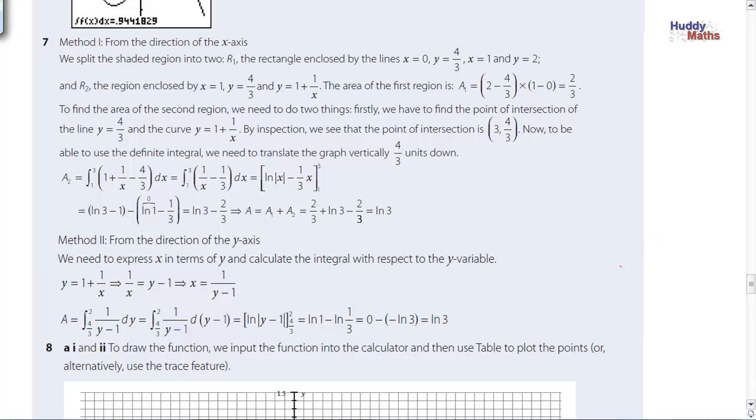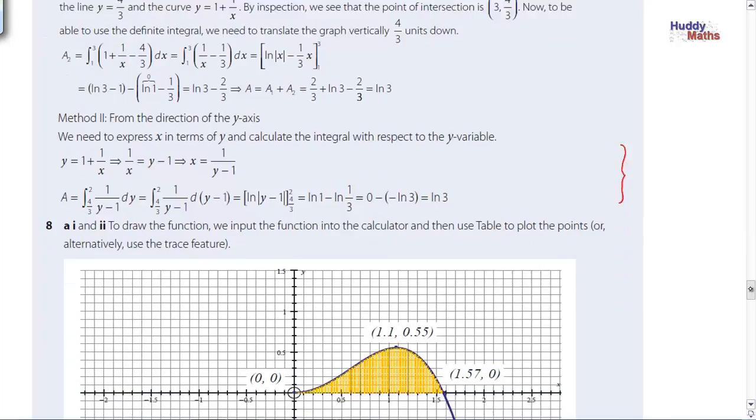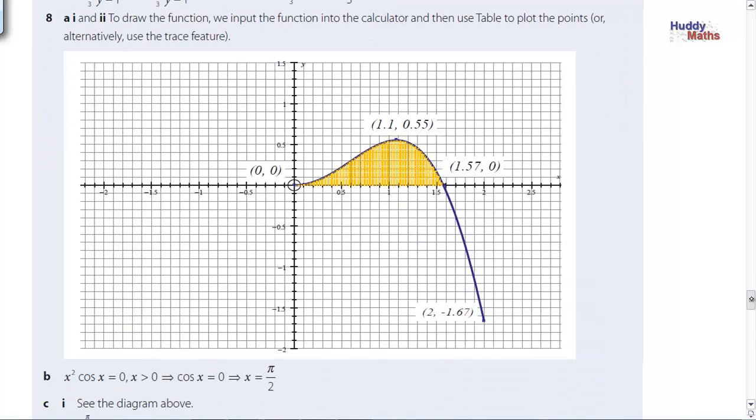Interesting part here, the idea that you can get an area between a curve and the y-axis by getting a function in y. Okay, so an f of y. Question 8. Let's have a look at the rest of question 8.